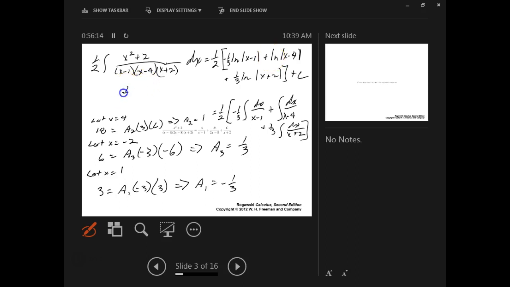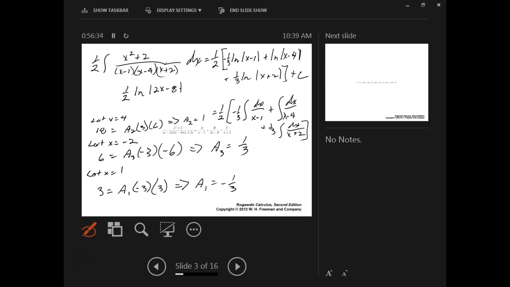They had a 1/2 log absolute value 2x minus 8, right? That's their middle term that differs from ours.